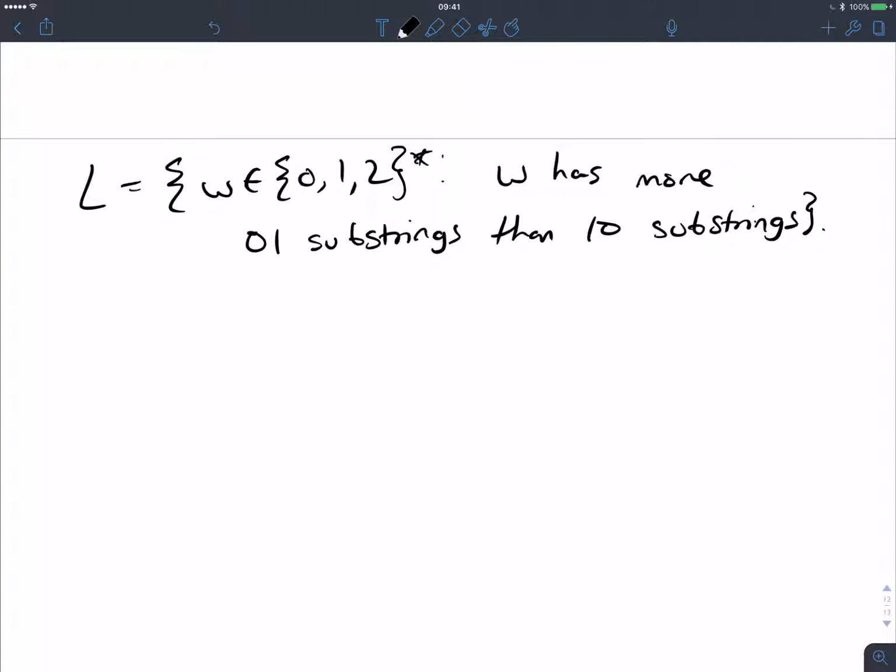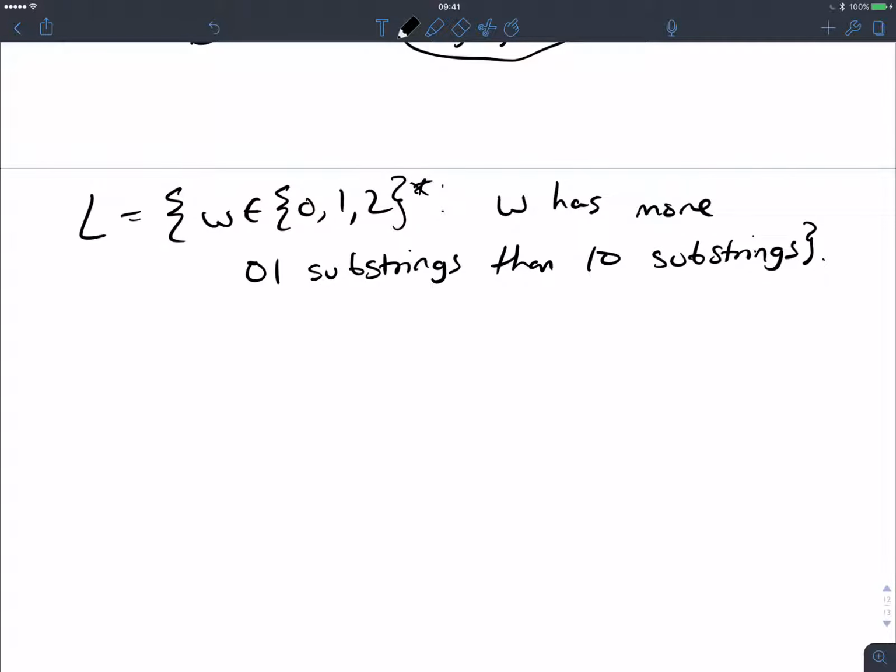Pretty interesting. If I made it over {0, 1} star, how would you tell what the language is? Well, if it has an equal number of 01 and 10 substrings, every 01 matches with exactly one 10. Can the ends of the string be different characters?